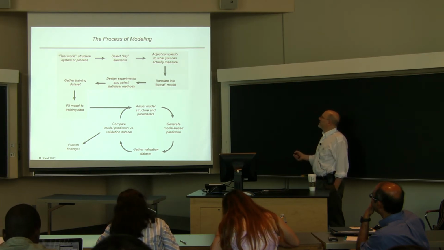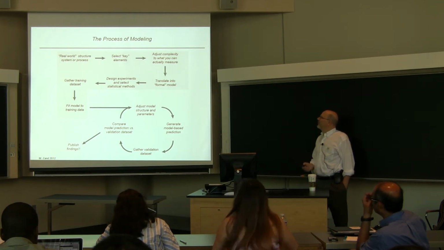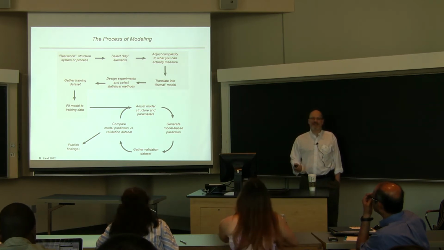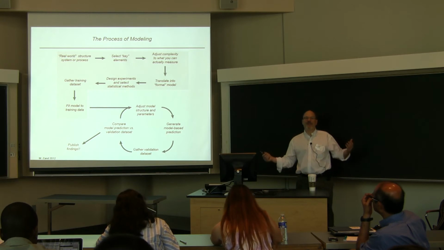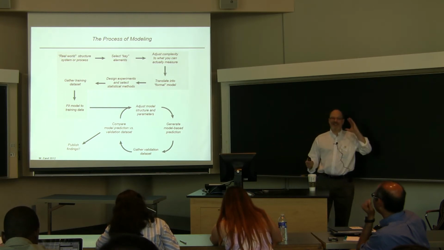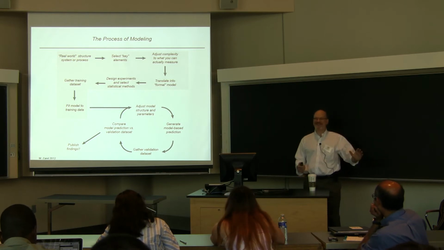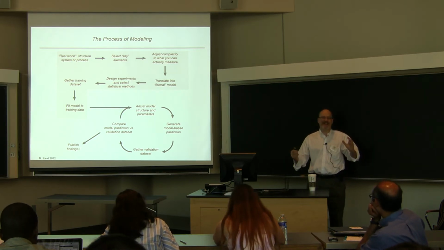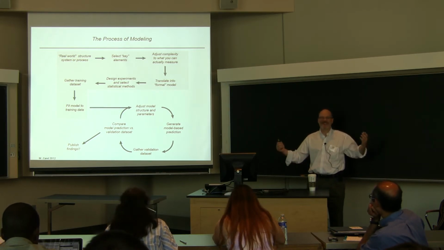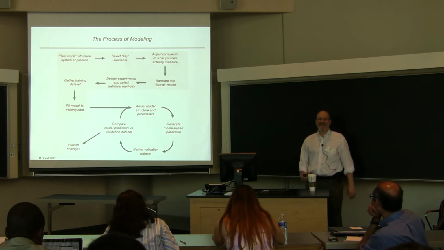Okay? Key step, adjust the complexity to what you can actually measure. All right? It's like writing your first manuscript. You want to cram every little piece of knowledge that it took so long to learn into that manuscript, and it reads like a legal defense instead of a scientific paper. Okay?